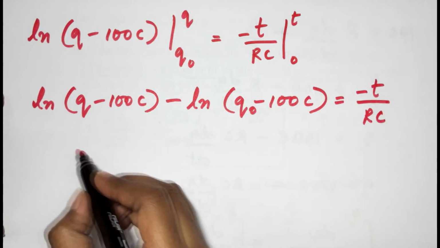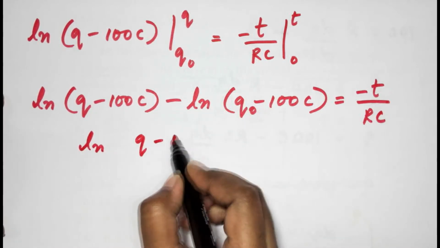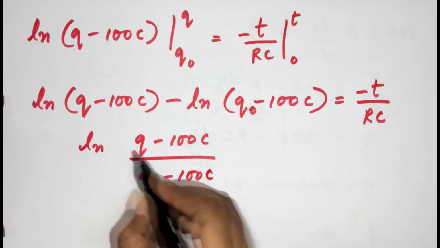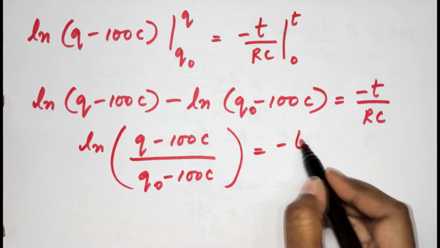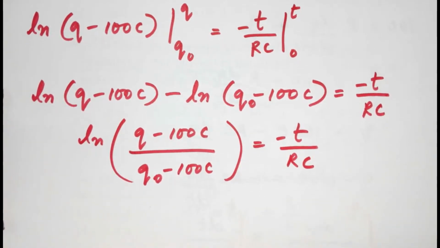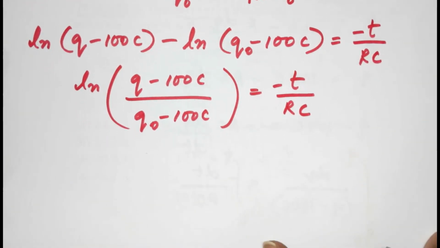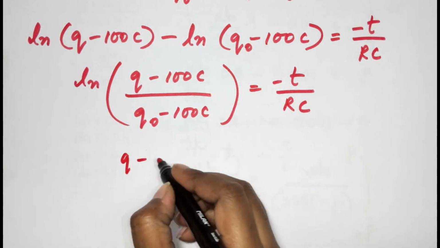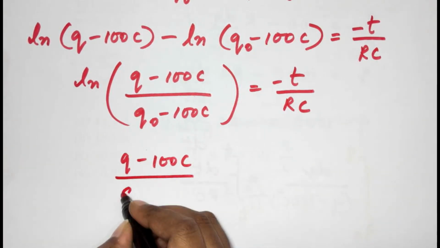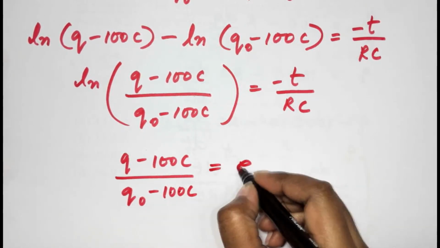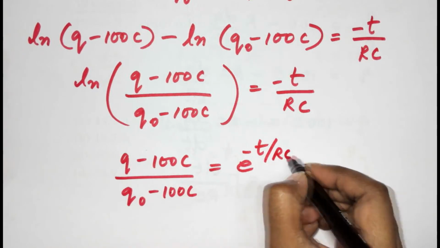Log a minus log b: ln of Q minus 100C divided by Q0 minus 100C is equal to minus t by RC. Now let's take the exponential on the other side, which gives us Q minus 100C divided by Q0 minus 100C is equal to e power minus t by RC.